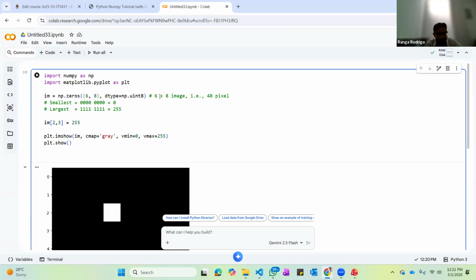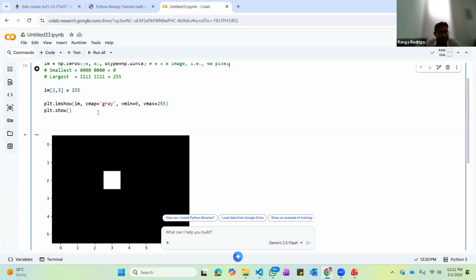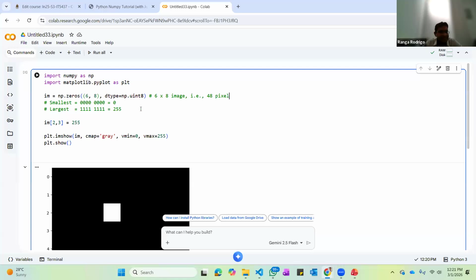Very small image. New cameras can get thousands, like 3000 by 4000. But this is a very small image. So that's how you create an image. I think you understand what uint8 is. That's the grayscale image, black and white image.